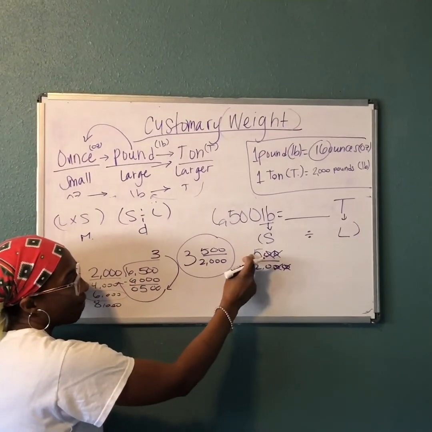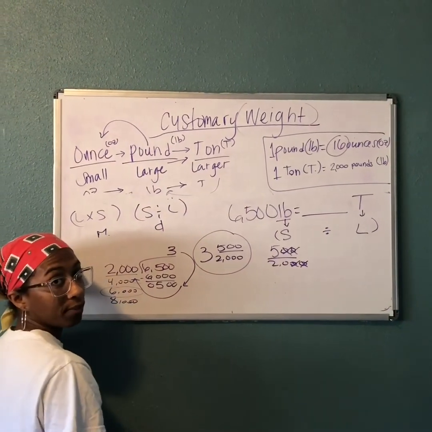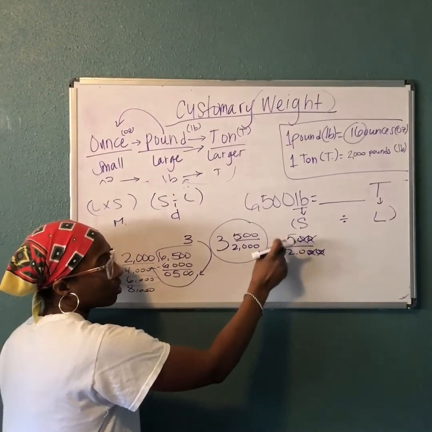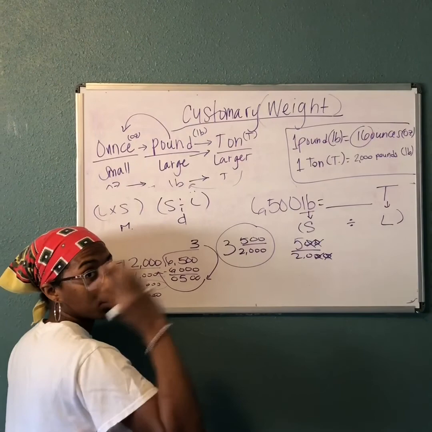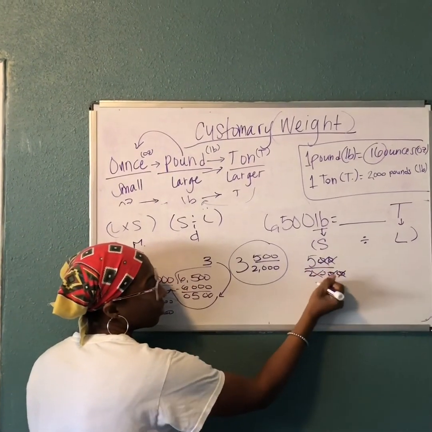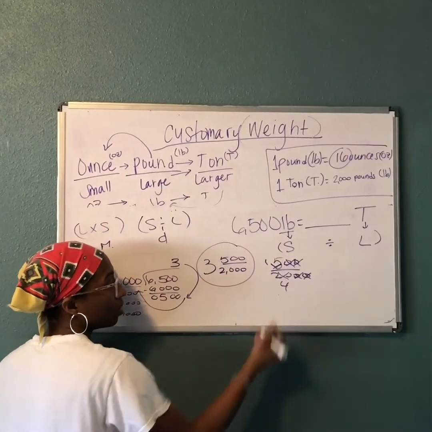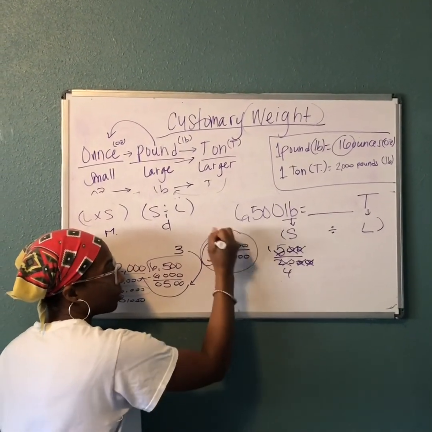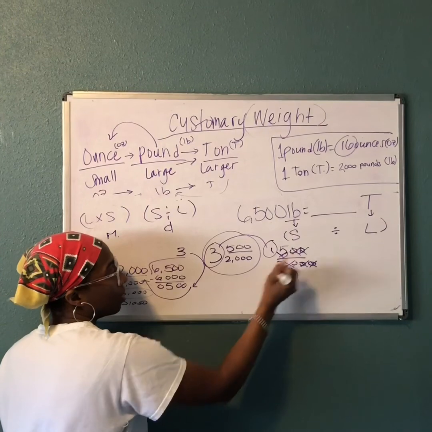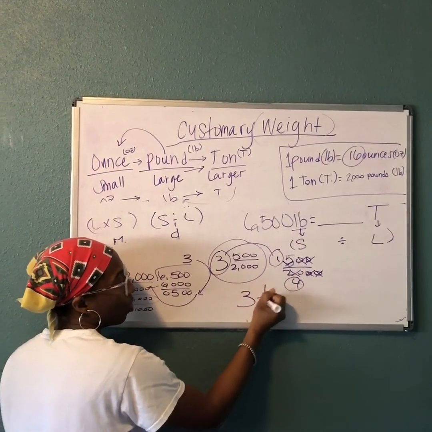So 5 and 20. 20 goes into the 5 times table how many times? 4 times. 5 divided by 5 is 1. So our new answer is 3 1/4.